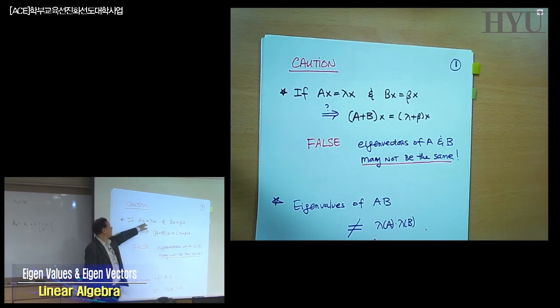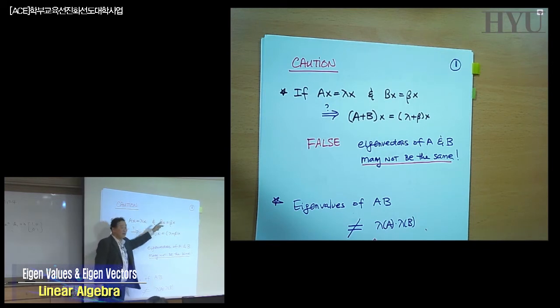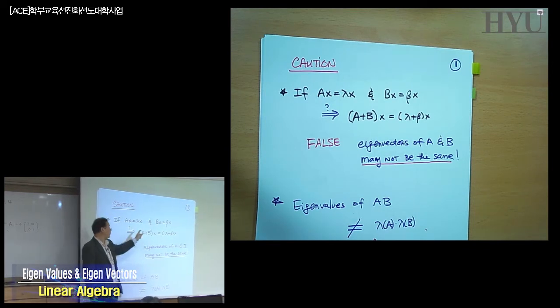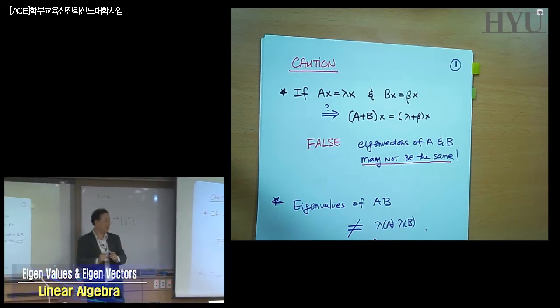But this relation holds for A's eigenvectors only, and that relation holds for B's eigenvectors only. So when you add up, it doesn't make sense, because A's eigenvectors might be different from B's eigenvectors. Can you follow me? That's why it doesn't work.